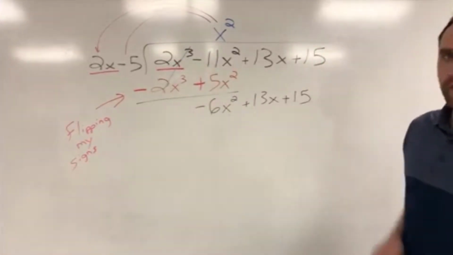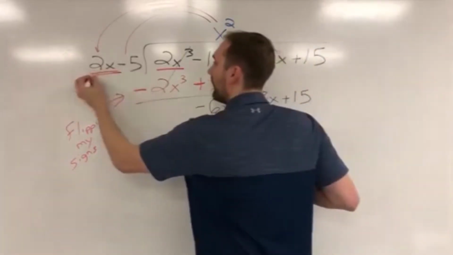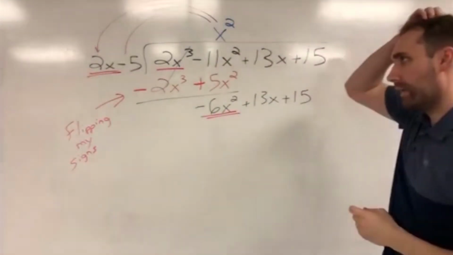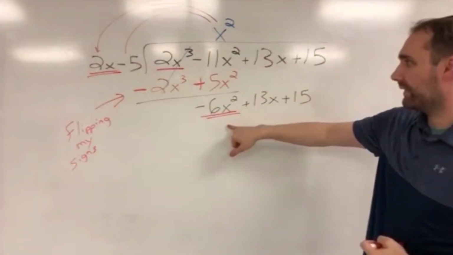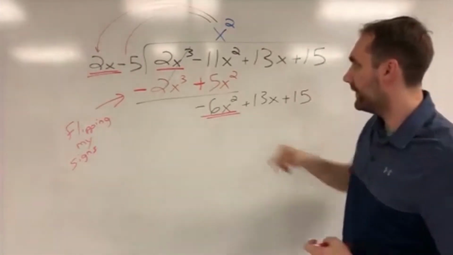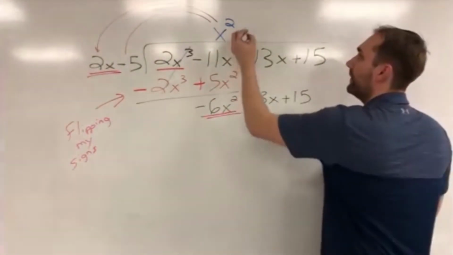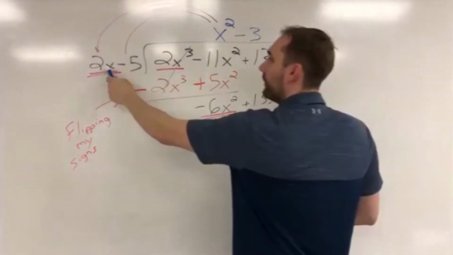Now it's time to get rid of the square. So let's start all over. Look at my first term here. 2x times what will give me a negative 6x squared? 2 times what is negative 6? Well, that's 2 times negative 3 will give me that negative 6. I have 1x.